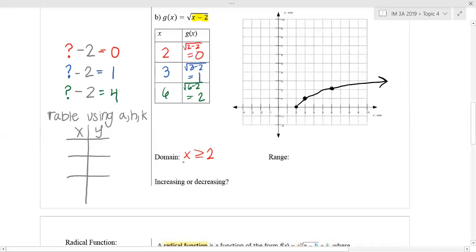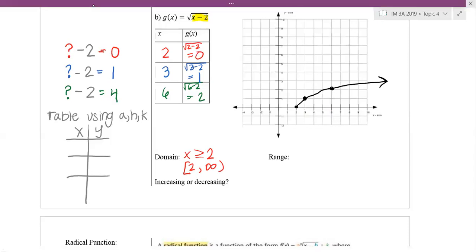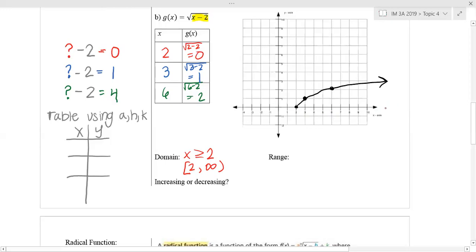If I would prefer to write that as an interval, that's the interval from positive 2 inclusive to positive infinity on my x-axis. The range, looking at the values from the bottom to the top, notice that the first y value that I have is 0, and then it's increasing.